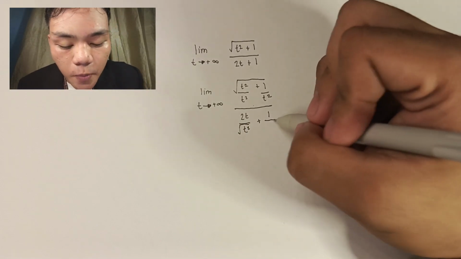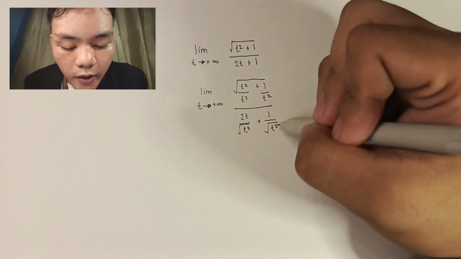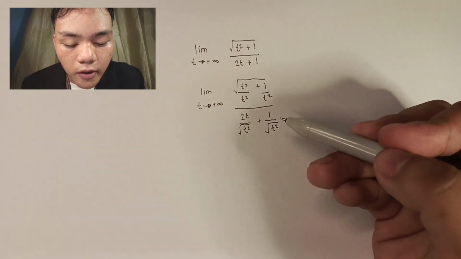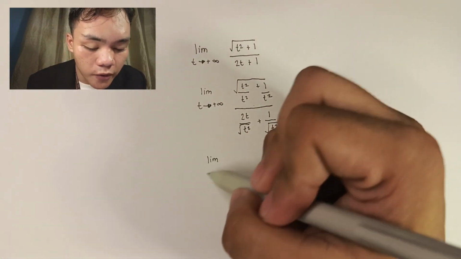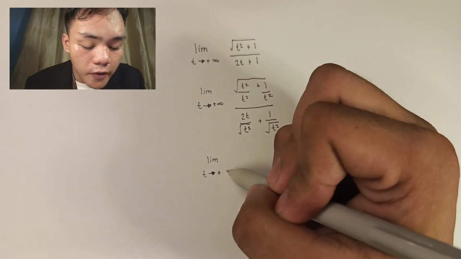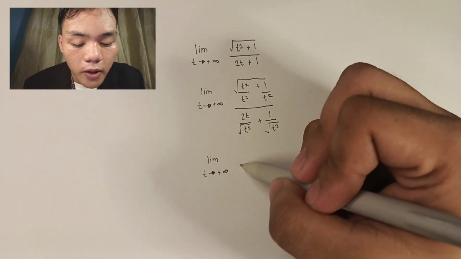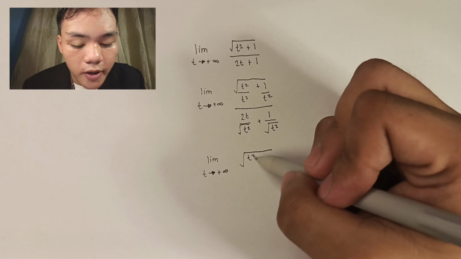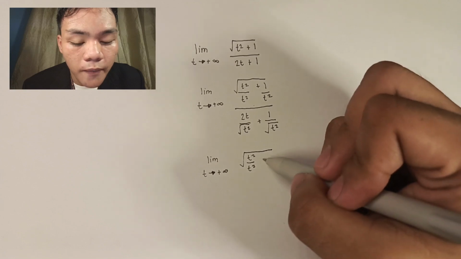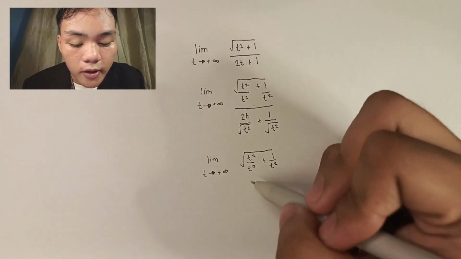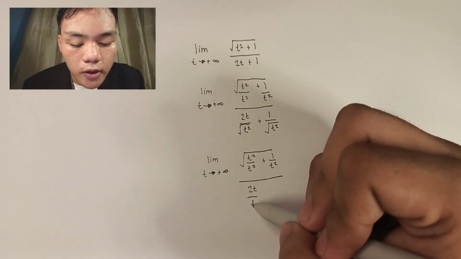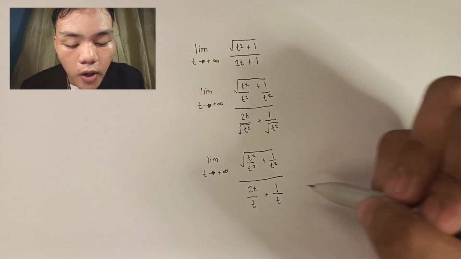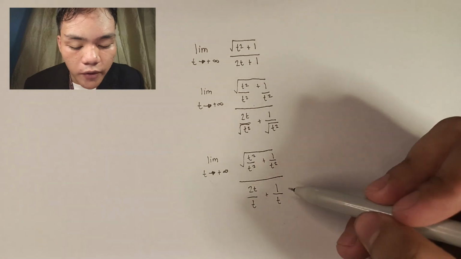As for the next step, we'll rewrite: the square root of t squared over t squared plus 1 over t squared, over 2t over t. We'll cancel out the square by the square root, so we'll get t instead of the square root of t squared. So 2t over t plus 1 over t.